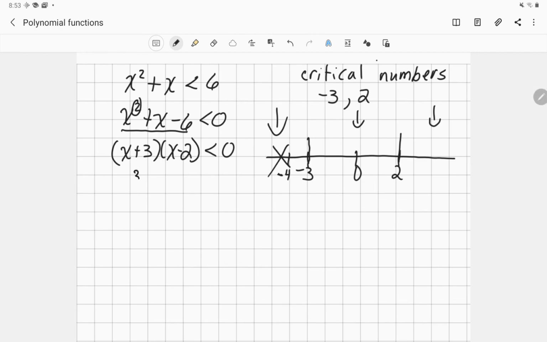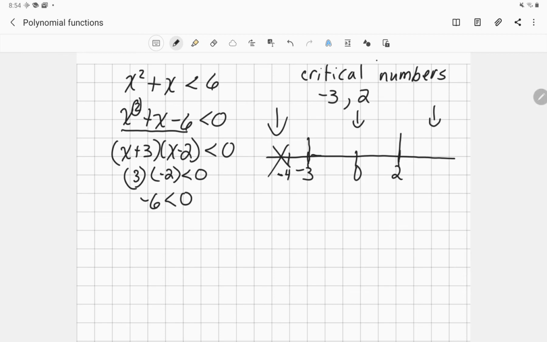0 plus 3 is 3. And 0 minus 2 is -2. 3 times -2 is -6 is less than 0. And I go, well, is that true? And I go, yeah, it is. Since that's true, that number is in this middle section. If one number in that section works, all of the numbers in that section work.